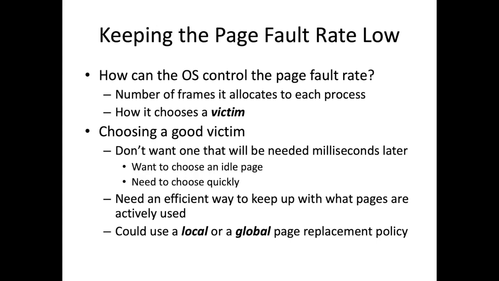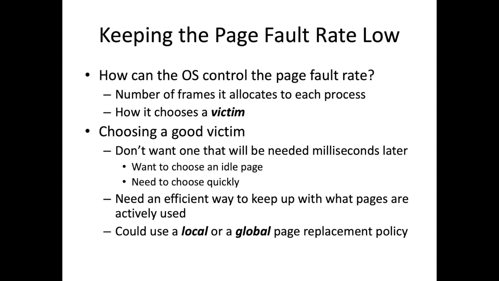Whenever you bring in a page, the OS will choose one of your pages to throw out. Versus global, which says when a process page faults, anyone's page could be chosen as a victim. So if you page fault and some other process has a page it's not using very much, that different process's page might get chosen as a victim.